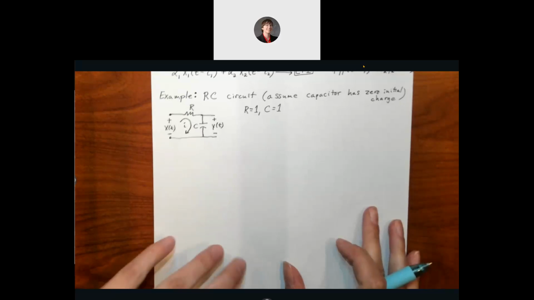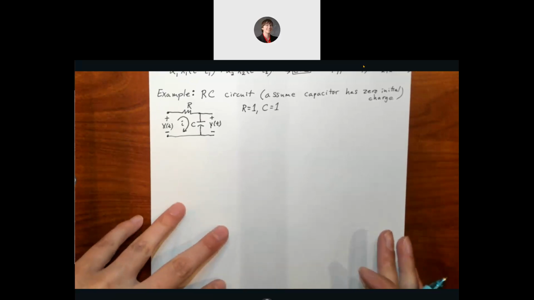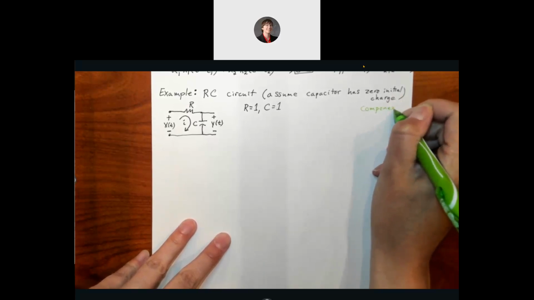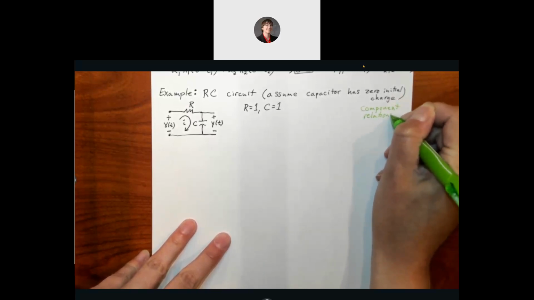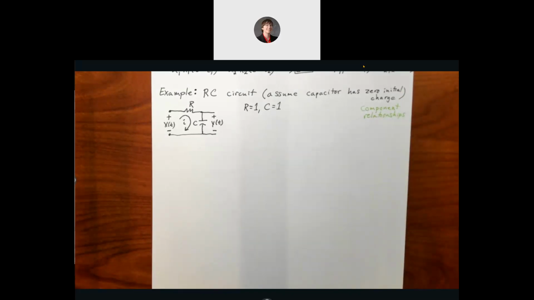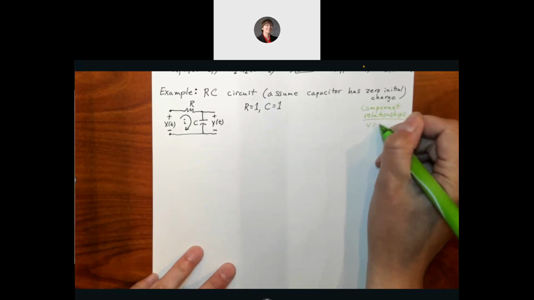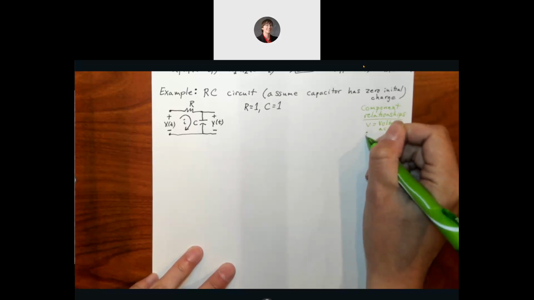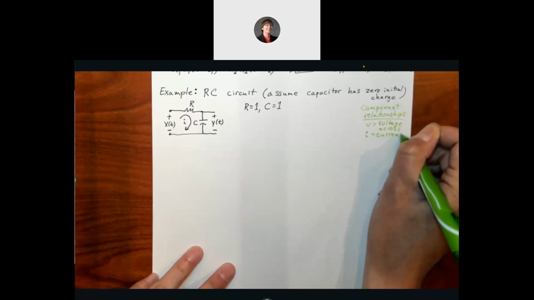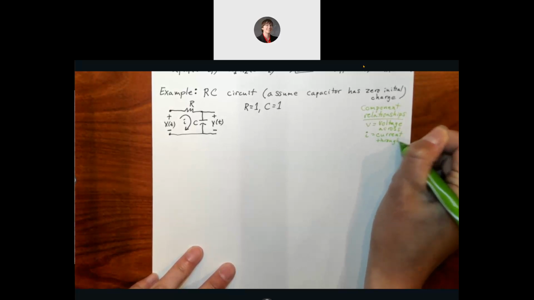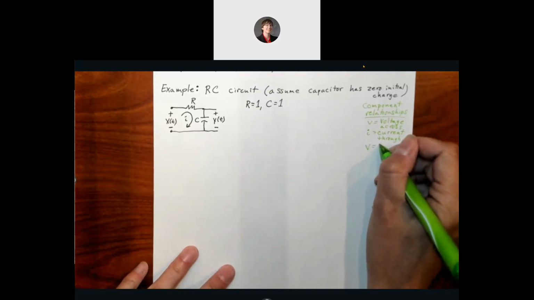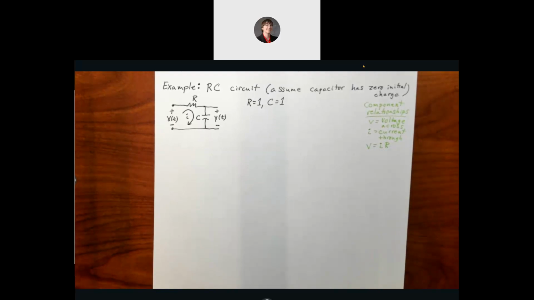All right, so hopefully a little bit of review, the relationship between our different components. I'm going to put these to the side here. If I say V is the voltage across that component, and then I is going to be the current through that component, then if I have a resistor, the voltage is the current times the resistance.